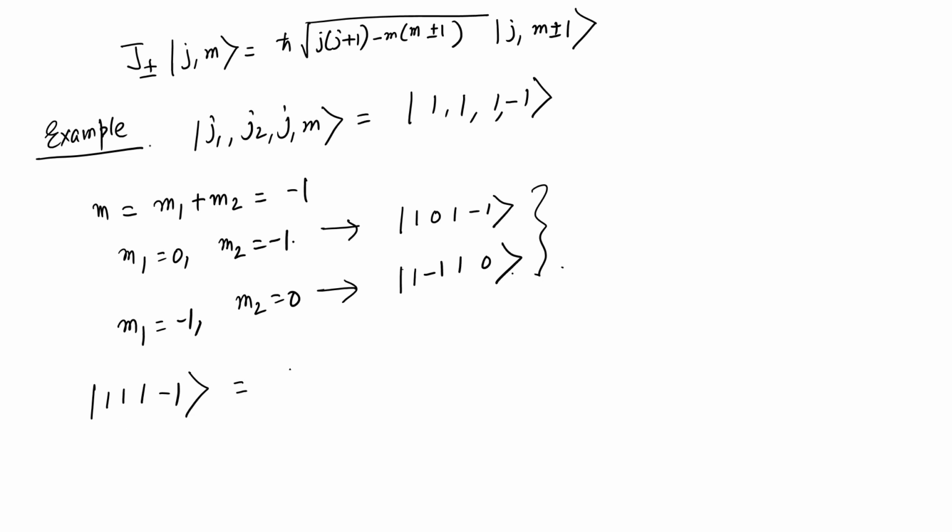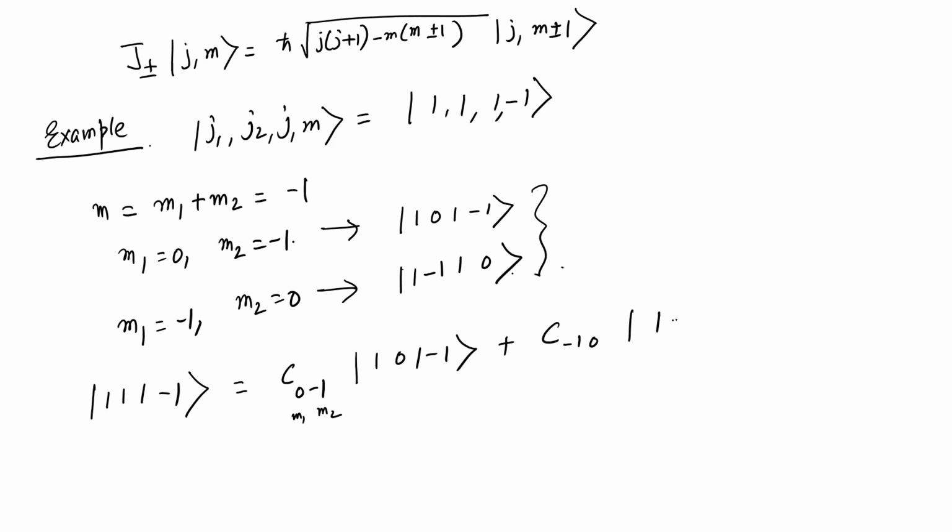We have this as C 0 minus 1, this C m1 m2, where this is m1 and this is m2, and we have these 1 0 1 minus 1, and C minus 1 0 for the other term.